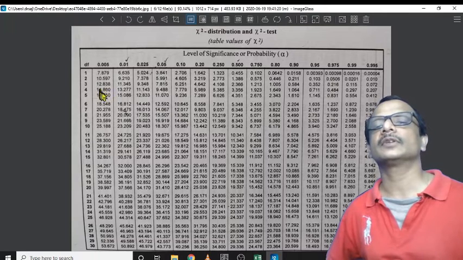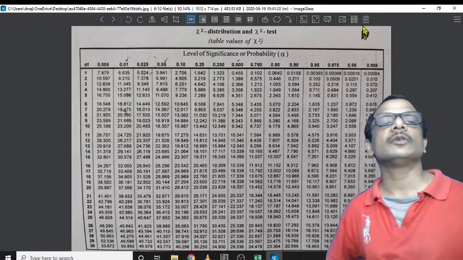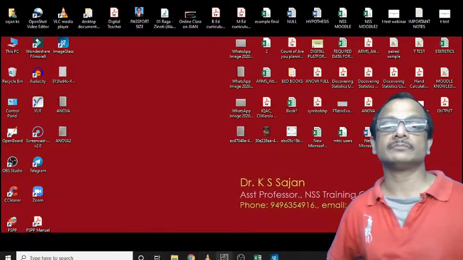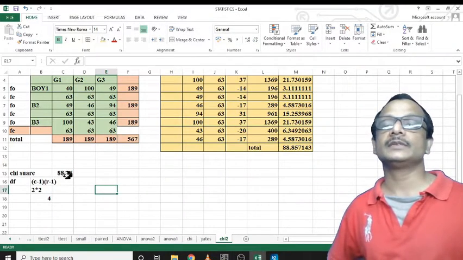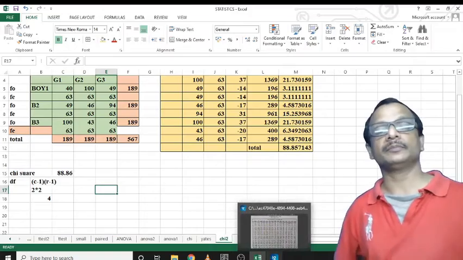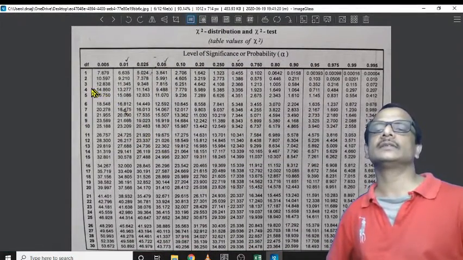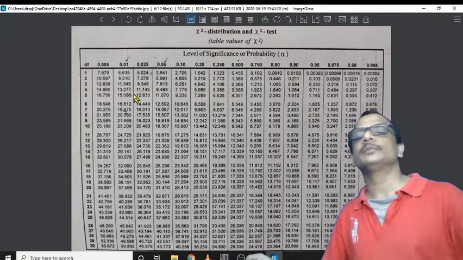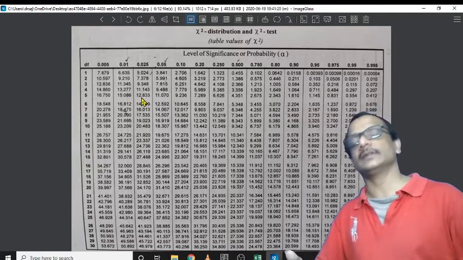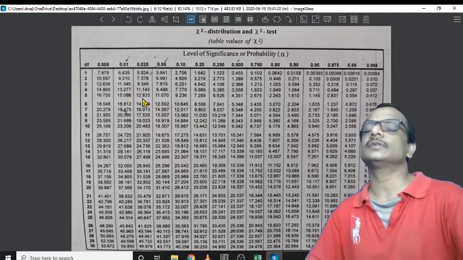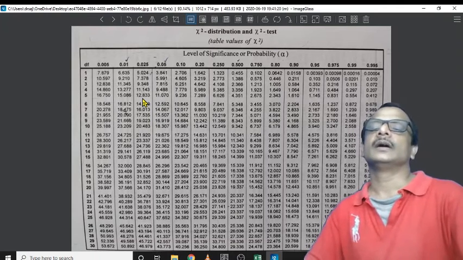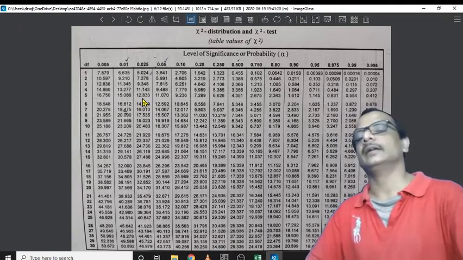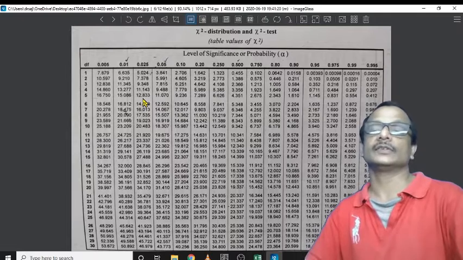We can compare with the 0.05 level, 0.01 level. As the obtained chi-square value, 88.86, is a huge number, it is greater than the values at any level. So we can confidently say that at 99.99% confidence the observed frequency and expected frequency significantly differ, not the same.